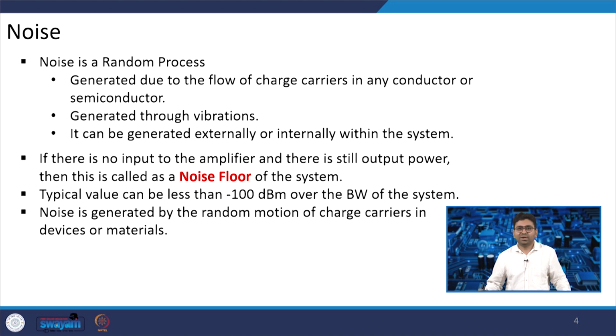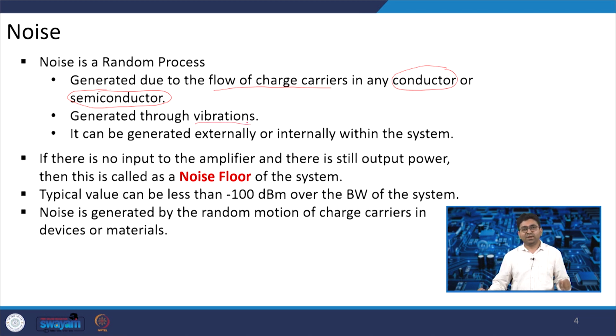Noise is nothing but a random process, generated due to the random flow of charge carriers in any conductor or semiconductor, because all electronics is in between conductor and semiconductor. In certain places it is also generated because of vibrations.